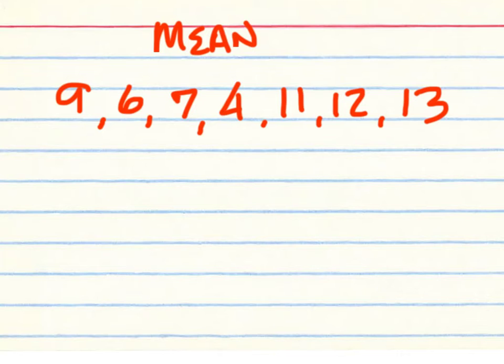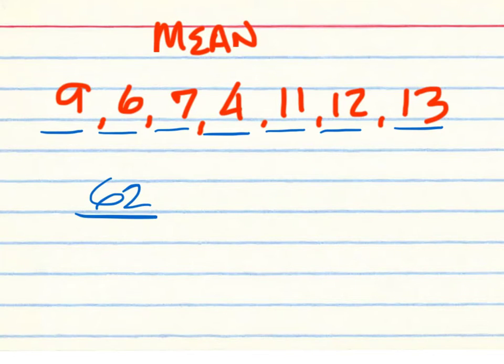In this example, you have to find the mean. The mean is the average of a list of numbers. So first add up all the numbers to come up with 9, 15, 22, 26, 37, 49, and 62. Then count up how many numbers you have. 1, 2, 3, 4, 5, 6, 7, and divide 62 by 7.